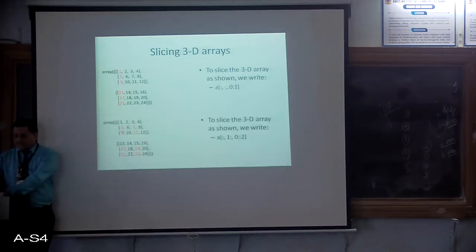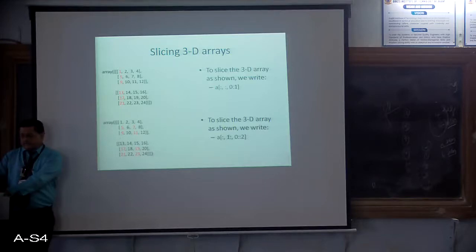Similarly, look at this. I want to slice 5, 7, 9, 11, 17, 19, 21, 23. So how do we slice this? To slice this, again the first will be colon, that means I want to work on both the two-dimensional arrays. Second will be 1 colon. Why 1 colon? That is I want to work on the second and the third row of both the two-dimensional arrays.